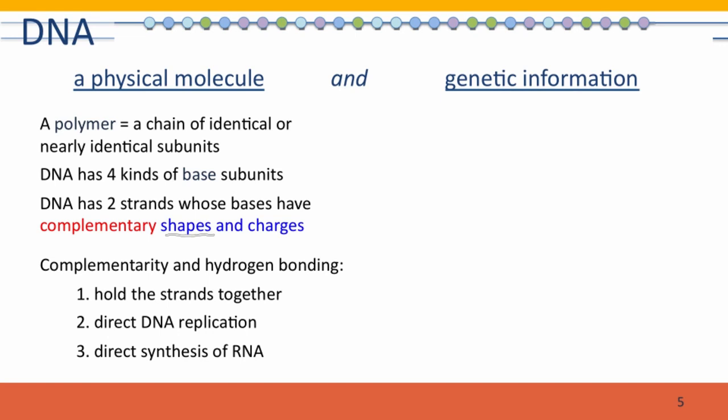These are individually weak but collectively strong chemical bonds that serve several very important physical functions for DNA. They hold the DNA strands together so they don't come apart. They direct DNA replication so that a new strand can be synthesized using the old strand, and they direct the synthesis of the related molecule called RNA.